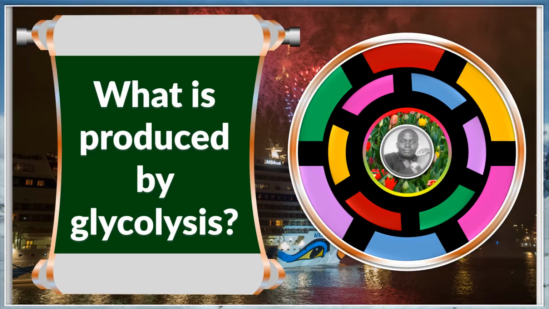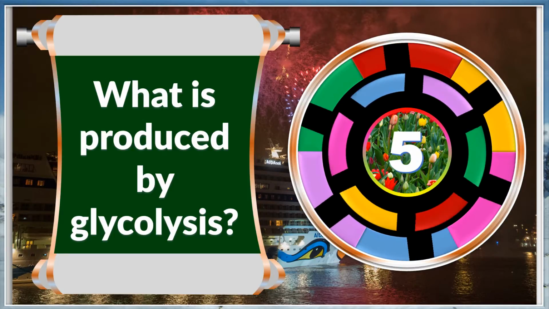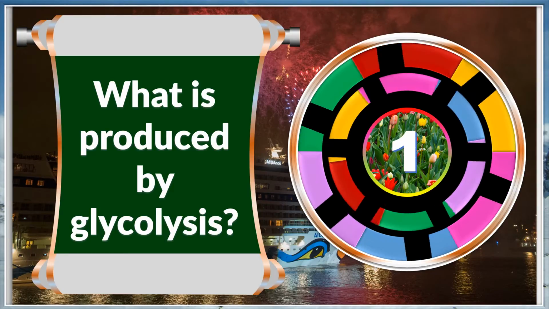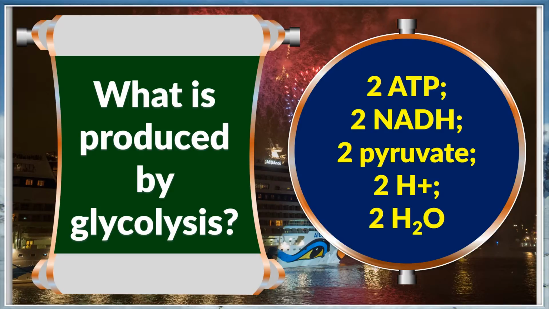What is produced by glycolysis? Two ATP, two NADH, two pyruvate, two hydrogen ions, and two water molecules.